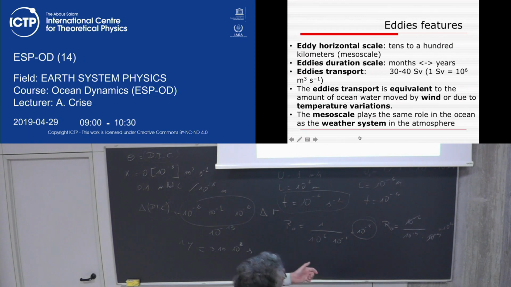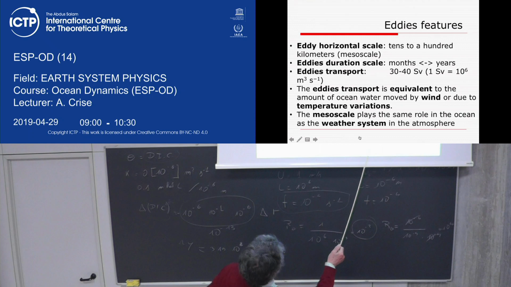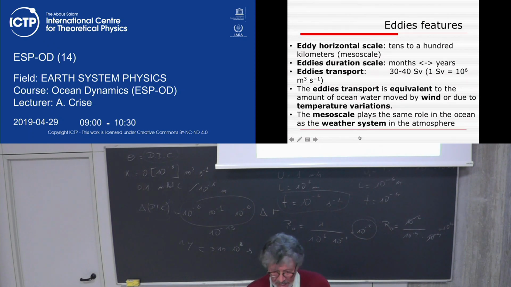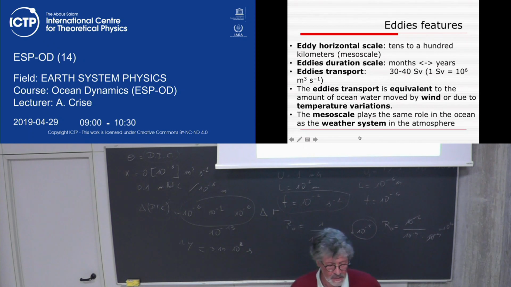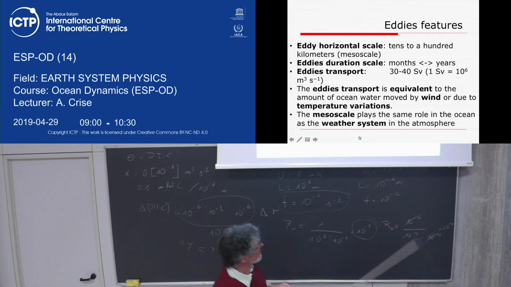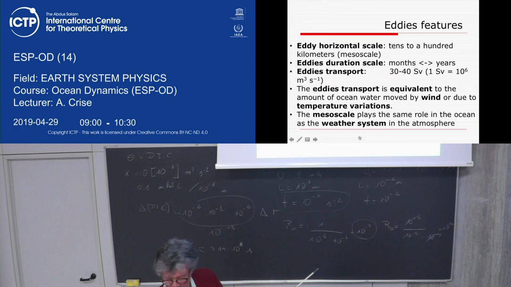And since the time scale is of the order of a year, and the organism can double in one day, you can imagine that you can have some adaptation of the part of the ecosystem to the specific conditions created by these rings. It's quite funny, but this is something that happened, for example, in the Gulf Stream.